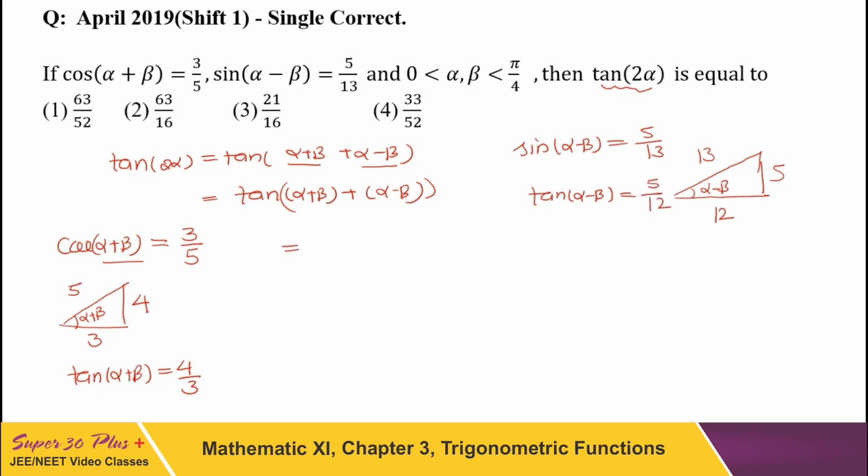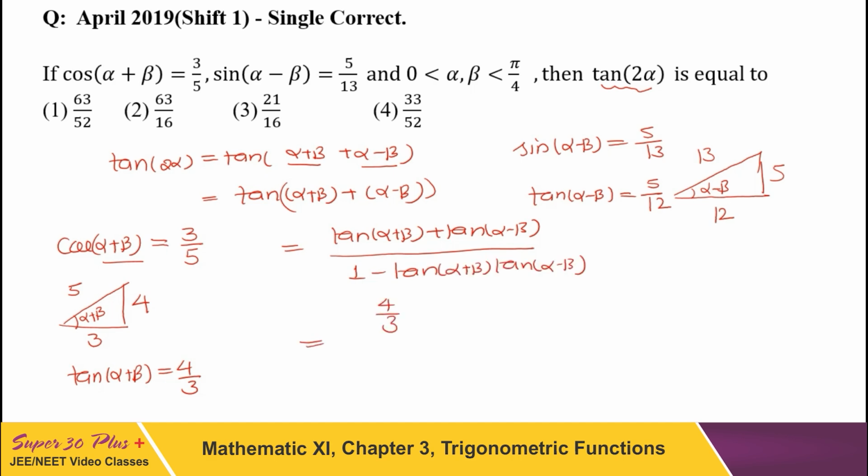Now we apply the formula of tan a plus b. It is tan a plus tan b whole upon 1 minus tan a tan b. We substitute the value of tan alpha plus beta here. It is 4 by 3 plus tan alpha minus beta, which is 5 by 12, upon 1 minus 4 by 3 into 5 by 12.